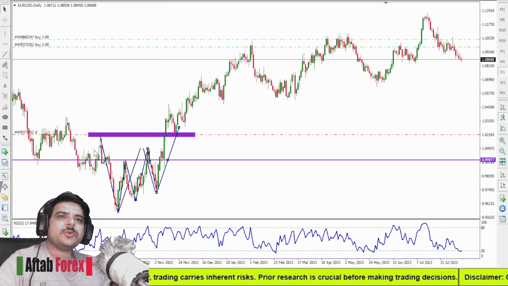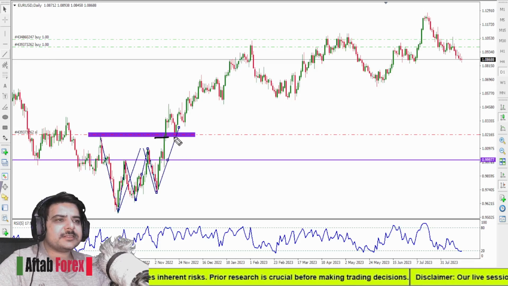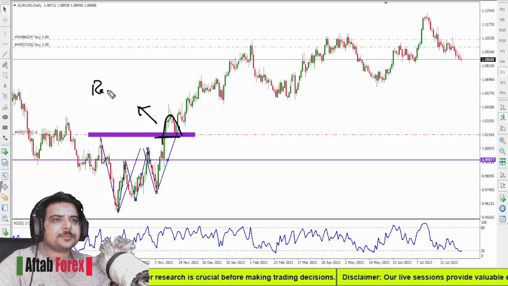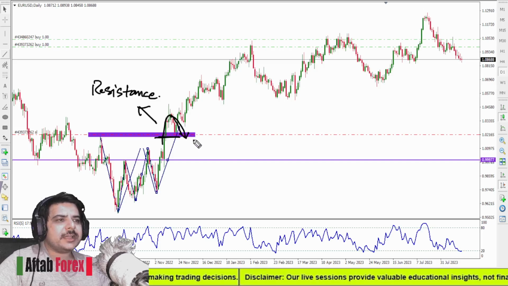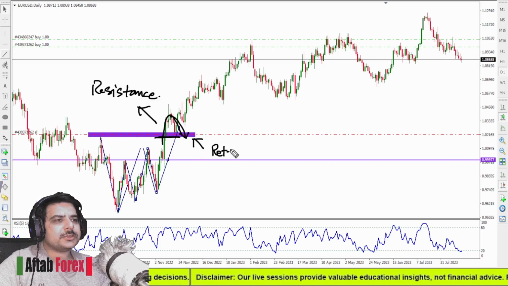And you know, when the market gives a retest from a certain level, in this case a resistance level, let me quickly write it down, a very nice resistance zone and a retest. Now I want to explain why retests are such strong indicators.